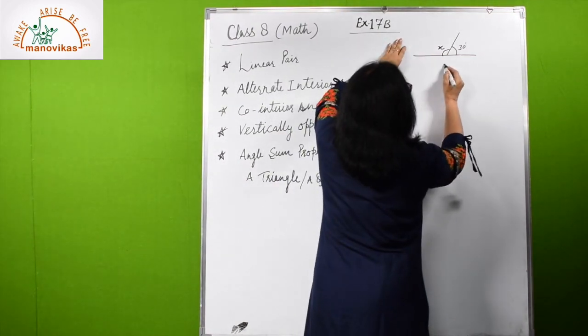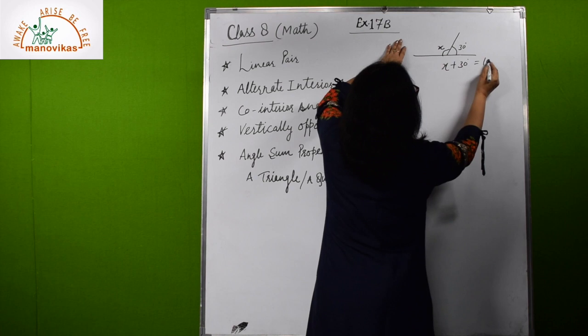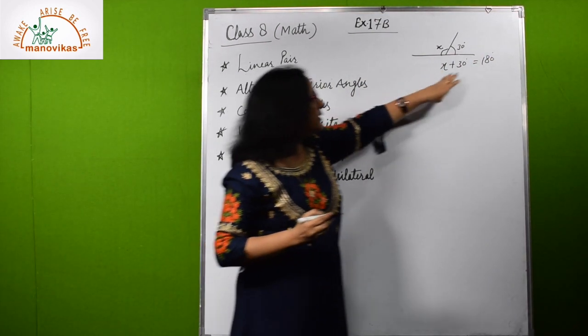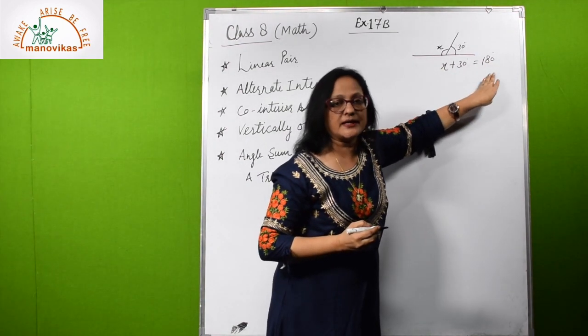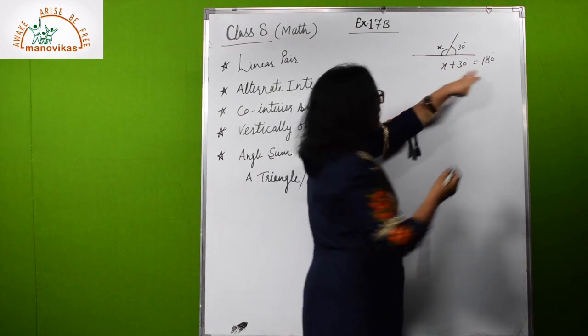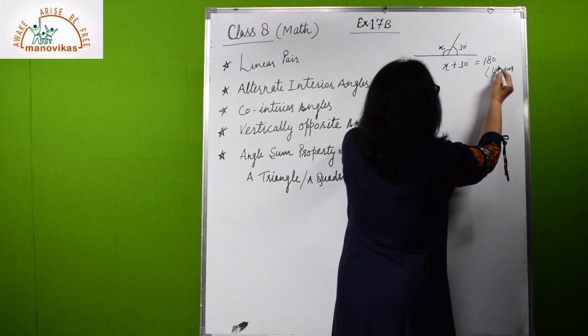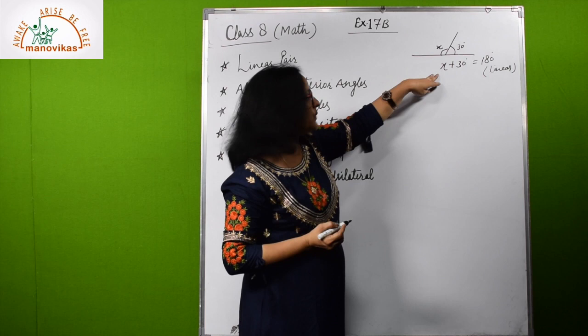So here you can use x plus 30 degree, this is equal to 180. And as I had explained many times, whenever you are taking any result, you have to mention that result in the bracket. So x plus 30 is equal to 180 degree. Why? Because it is a linear pair. This you will explain in the bracket, why you have taken the sum as 180 degree.